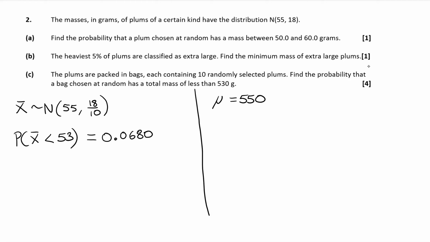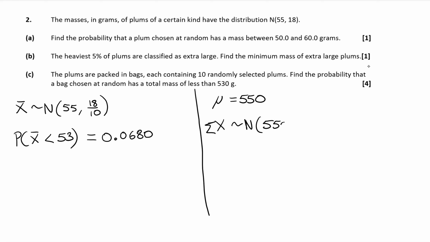Okay, so if one plum has a mean weight of 55 grams, all 10 would have a mean weight of 550. Now, when we are looking at our normal distribution, you might want to write sigma x to show that you're talking about the sum of all the plums here. So instead of writing x, I'm going to write sigma x because I'm adding all 10 of these together.